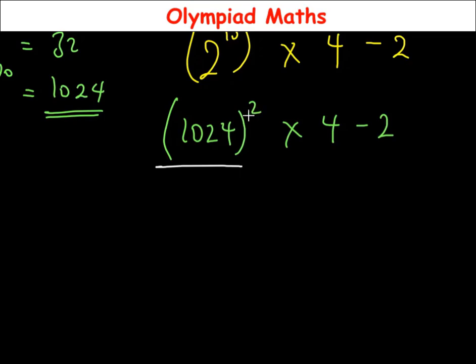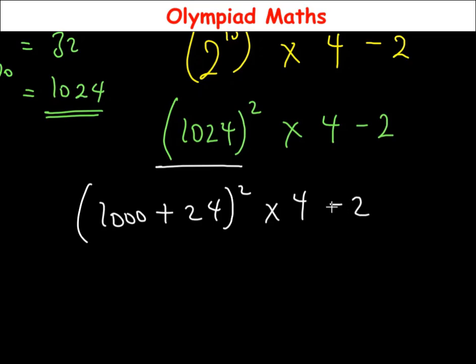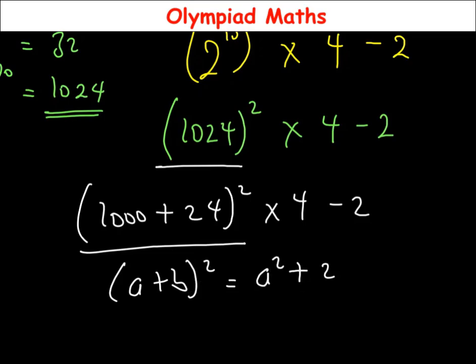And how do we go about it? We can write 1024 as 1000 plus 24. So 1000 plus 24 all squared times 4, then minus 2. Now looking at this, it is in the form of a plus b all squared, and a plus b all squared is equal to a squared plus 2ab plus b squared.